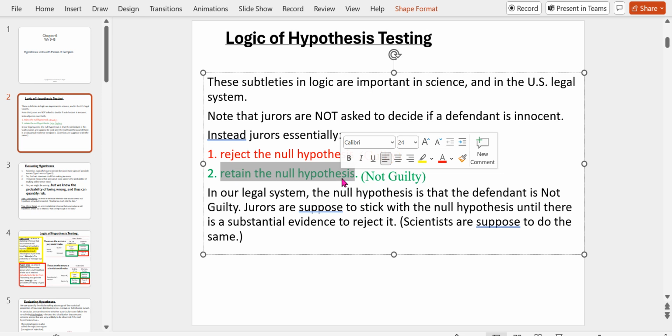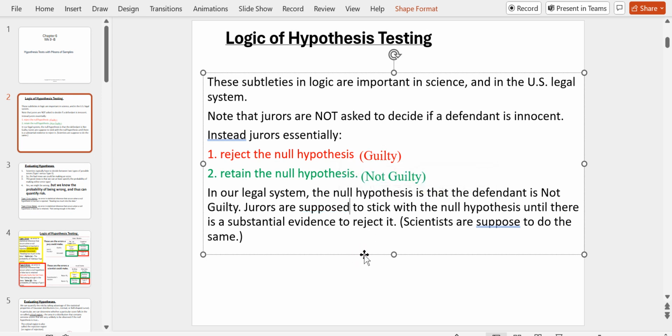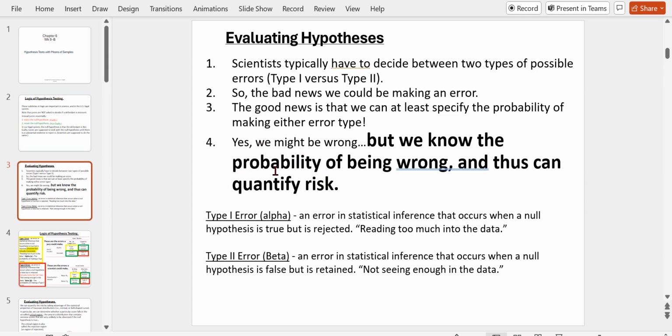The whole idea of not rejecting it or rejecting it is all based on the evidence. Jurors are supposed to stick with the null hypothesis until there is enough evidence to reject it. Scientists are supposed to do the same thing. So, scientists typically have to decide between 2 types of possibilities, type 1 and type 2.